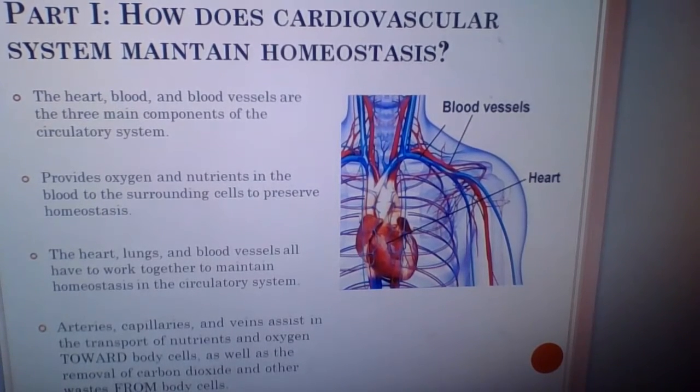The heart, lungs, and blood vessels all have to work together to maintain homeostasis in the circulatory system. Arteries, capillaries, and veins assist in the transport of nutrients and oxygen toward the body cells, as well as the removal of carbon dioxide and other waste from the body.